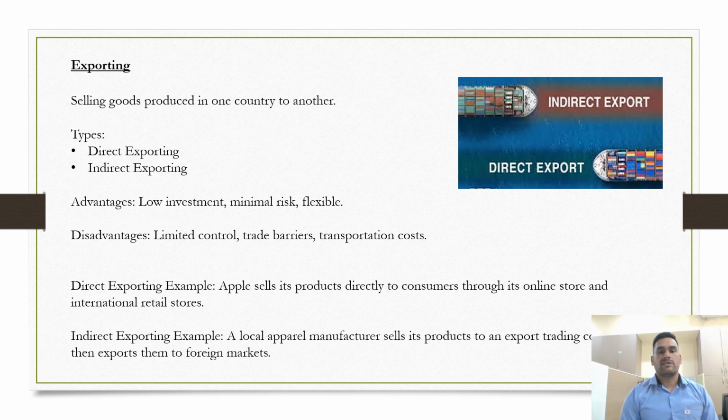A direct exporting example is Apple selling its products directly to consumers through its online store and international retail stores. An indirect exporting example is a local apparel manufacturer selling its products to an export trading company to export them in a foreign market.